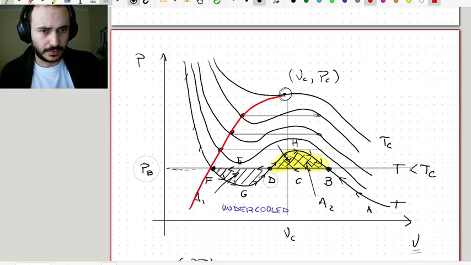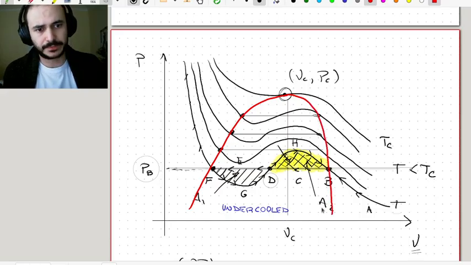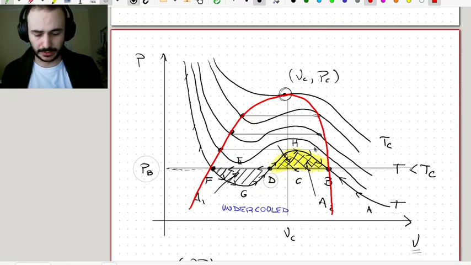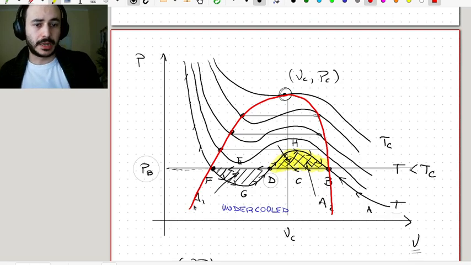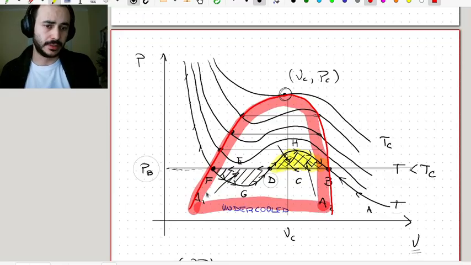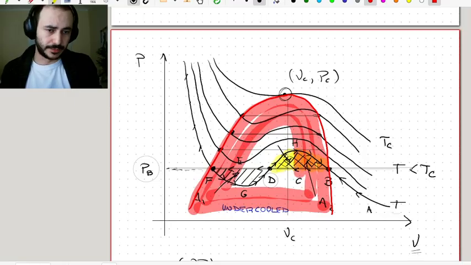The top will be precisely at the critical pressure and critical volume, and there we go, down like this. So this whole region that I have now highlighted with this red curve, all of the points that fall under this curve, are points at which the gas is in the saturated vapor situation. Here we have coexistence of the gas and the liquid phase at the constant equilibrium temperature. So this is what is going on in this red area.